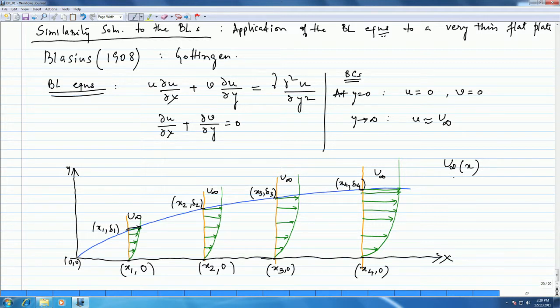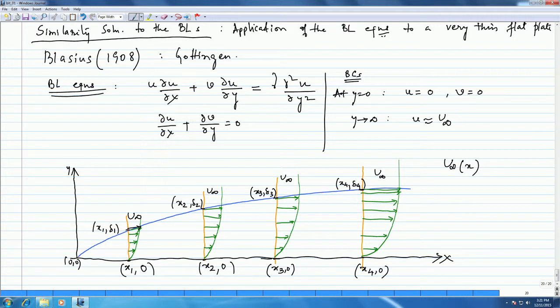So, think about the possibilities of that as well, and if u infinity is a function of x, then how does the velocity profile look like, and so on and so forth. Now, in this particular case, let us look at this.